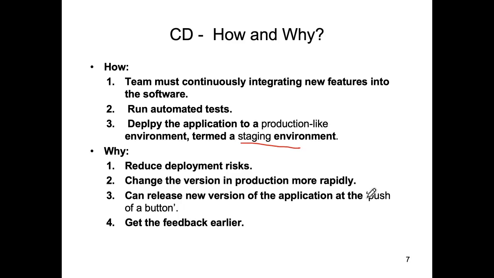That's the continuous delivery idea. And number four, we can get feedback from the users because we're now exposing them to new features in a speedy fashion, and feedback is always good.